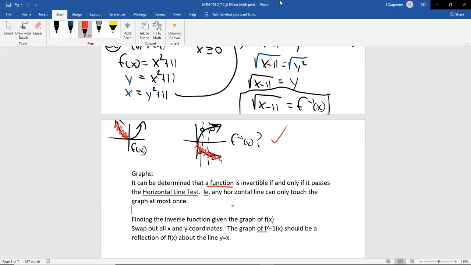So if it passes the horizontal line test, in other words, if you've got a function that you can draw horizontal lines and every horizontal line touches the graph only once, then it's invertible. And you can see, before I clip it, it would have touched twice, but by clipping it, now it only touches once, so that would be invertible. Again, that is going to be an official example coming up. I'm just giving you that ahead of time as a visual example.